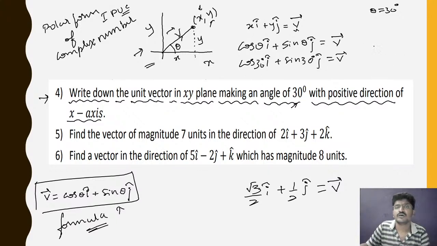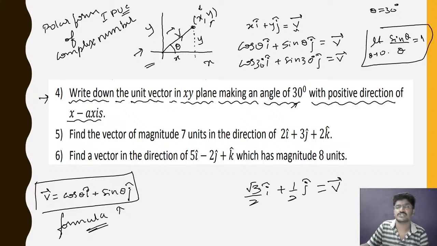Sin squared theta plus cos squared theta equals 1. In the first year, we have seen this type of thing in this theorem also. So you can go and see, if you don't understand how I am taking x as cos theta and y as sin theta. Clear? If you still have any doubts, you can ask, no problem.